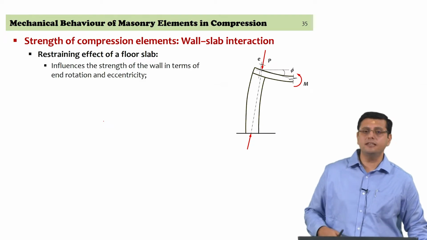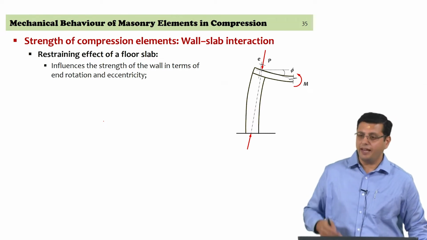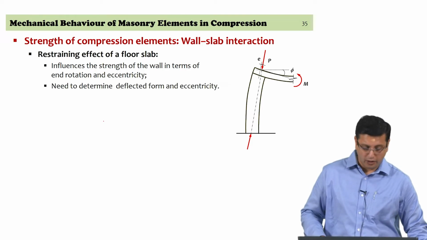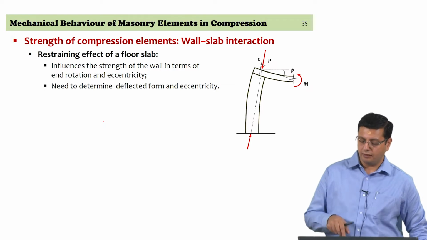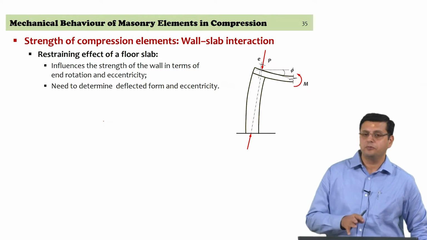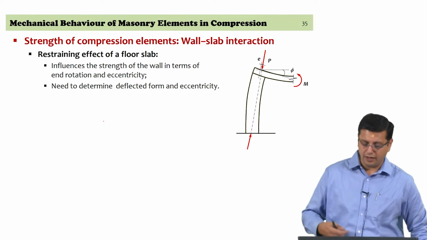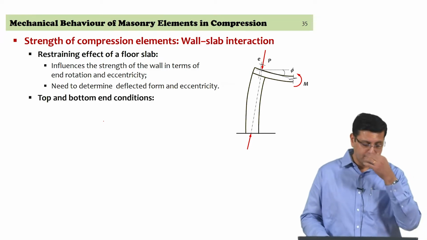It influences the strength of the wall, particularly in terms of the end rotations and what the actual eccentricity of the load is on the wall itself. So, in order to be able to arrive at an analytical form, let us look at the deflected shape and then the eccentricity of the loading to then use them within an analytical expression itself.